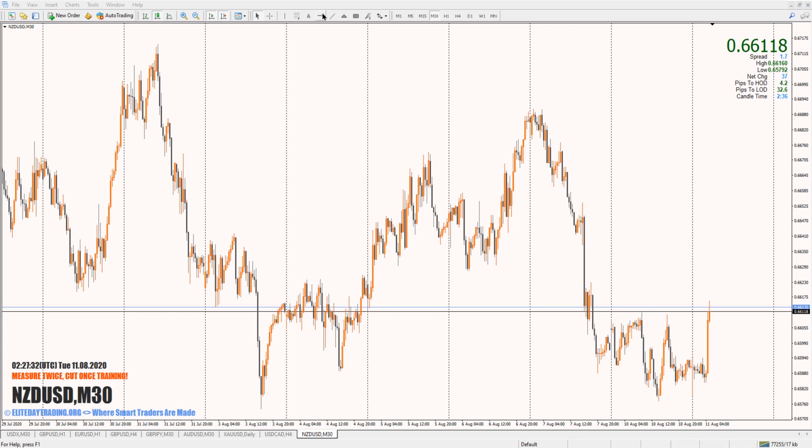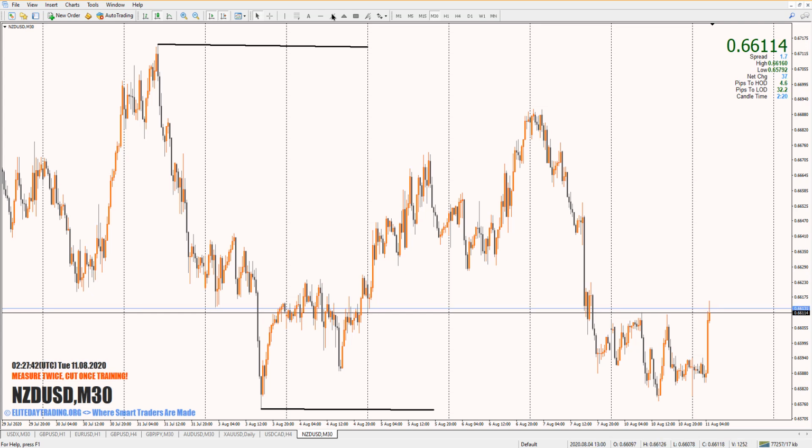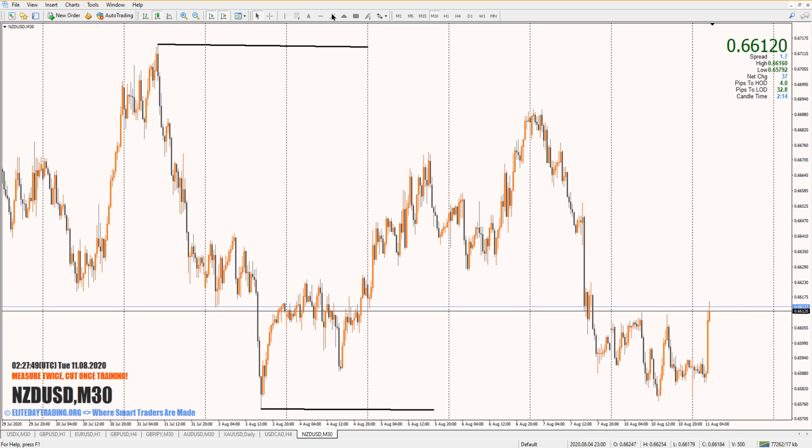What we're looking for is a high, and we're looking for a low, and then we're looking for where the current market price is in relevance to that high or that low.